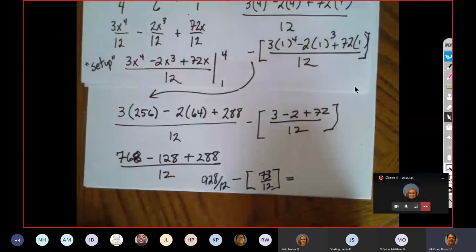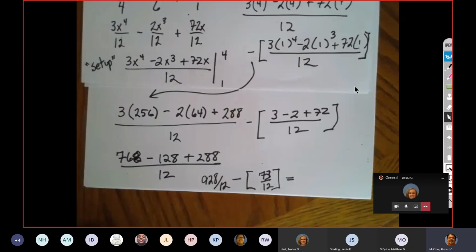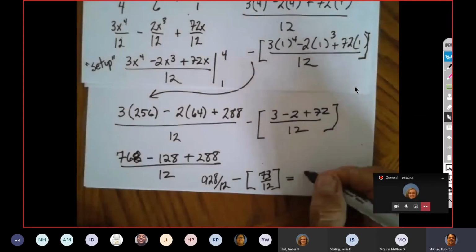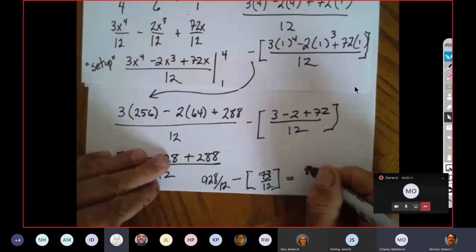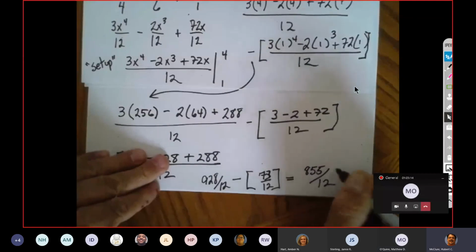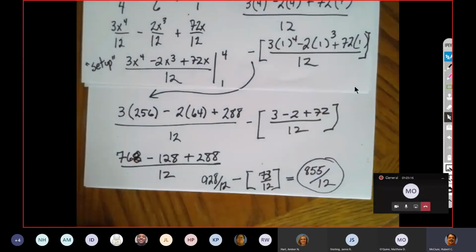Okay, so that's going to be, I don't know, it's going to be over 1,000. No, it shouldn't be over 1,000. Oh, it's a subtraction. I'm sorry. What is it? 855. Over 12 square units.